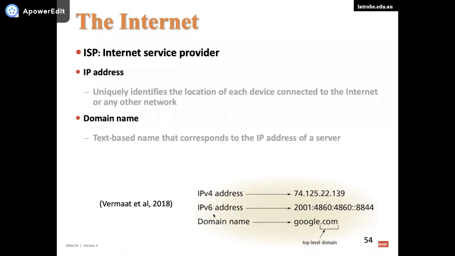The next concept is called domain name. A domain name is a text-based name that corresponds to the IP address of a server or of a computer. Actually, any computer can have its domain name. The reason we use domain names is because an IP address is very hard to remember, as it consists of meaningless numbers.